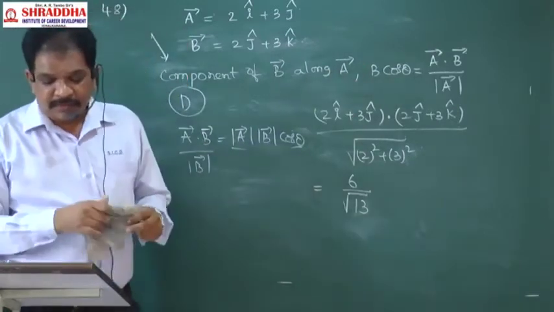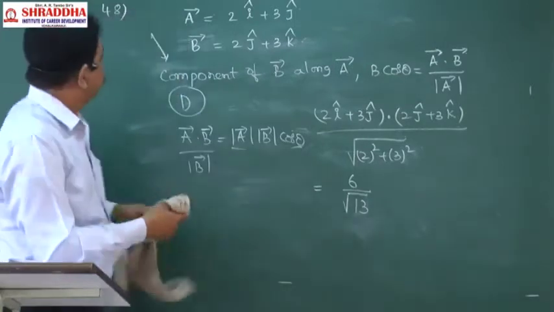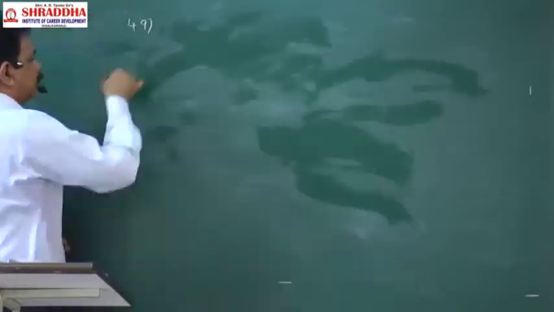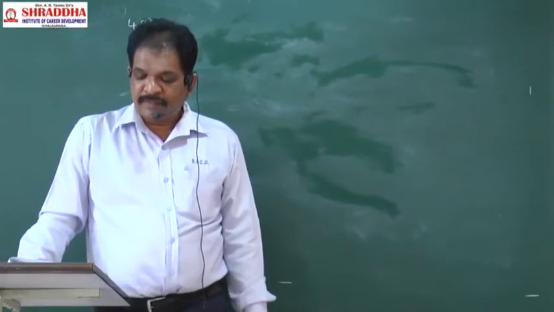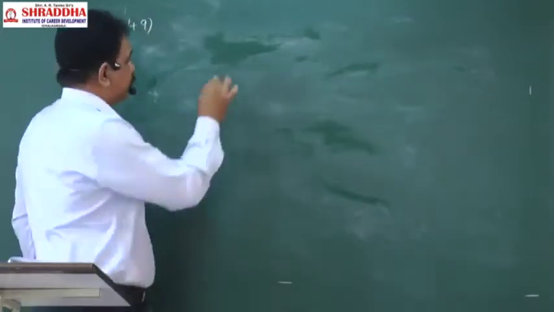Next. Question number 49, you see. Simple question only, 49. What they are asking, see. 49. Two vectors A bar and B bar are perpendicular to each other. Then what is the positive value of A? A bar, one vector.